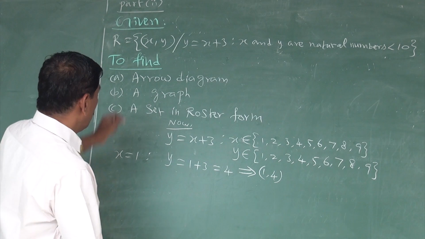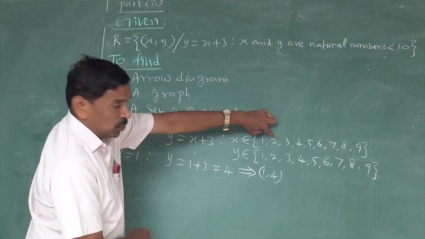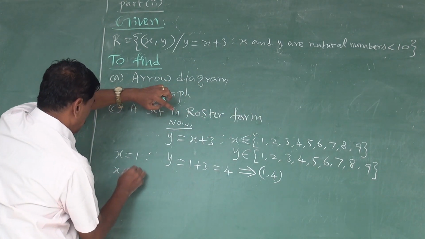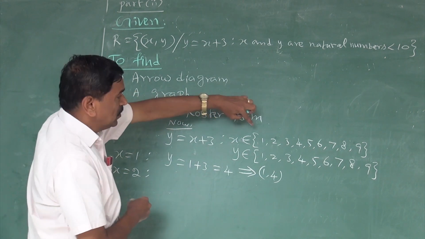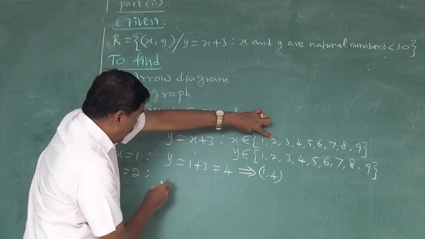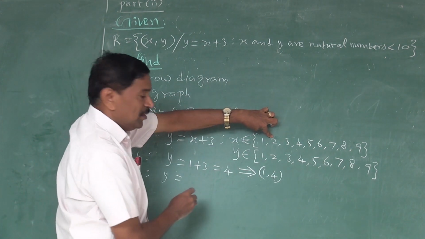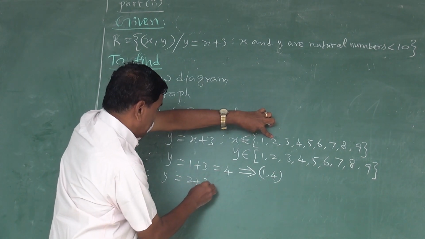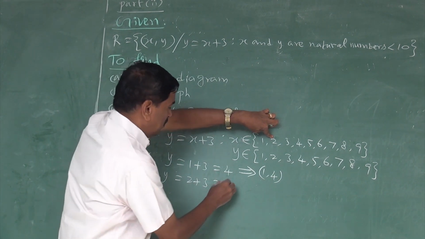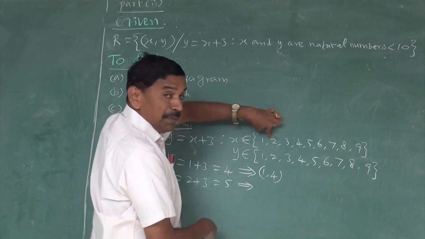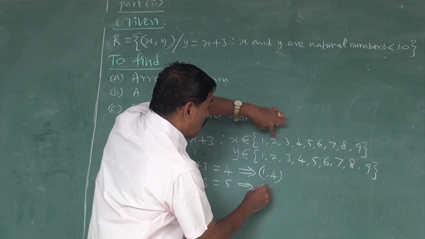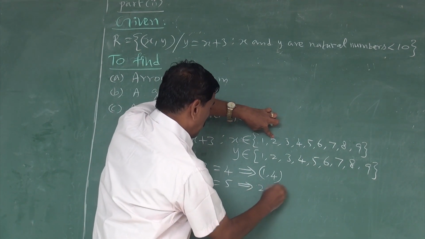Similarly, now you try it yourself. What is the next x value? 2. Listen, when x equal to 2, y is equal to 2 plus 3, which is equal to 5, which implies 2 comma 5.